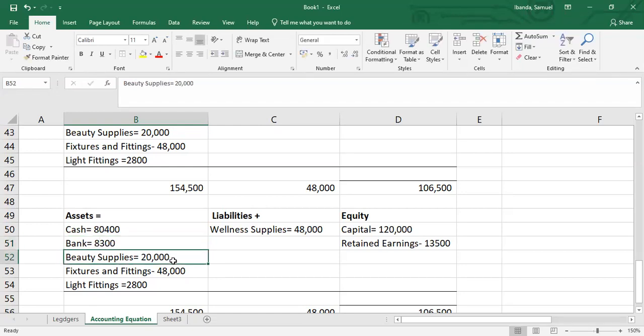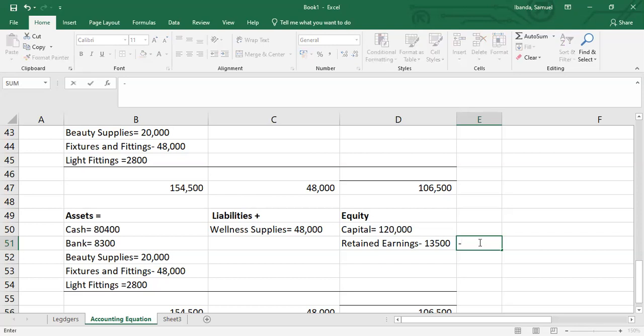Effect on business supplies? No. Fixtures and fittings? No. Light fittings? No. Wellness supplies? Capital? No. Retained earnings? Yes, because this is sales revenue, and sales revenue increases our retained earnings because it increases our profits. So it increases our retained earnings. So what will I have?